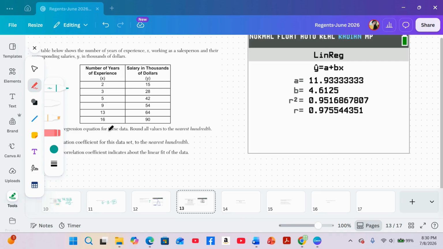We need to put it in an equation format. So you have y is equal to 4.61x plus 11.93.